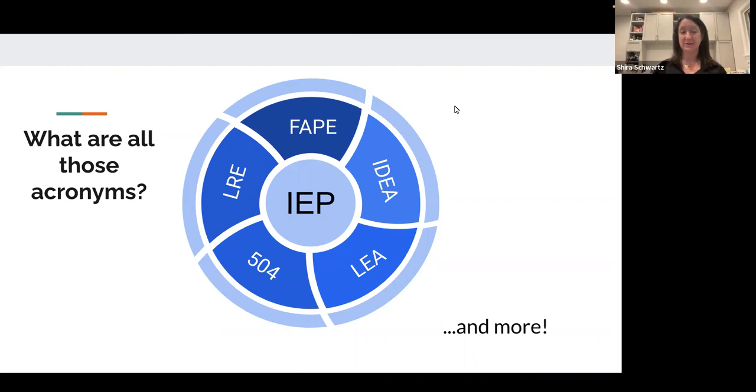And then the other one that comes up a lot is OHI, other health impairment. That would be something involving your health. It could be anxiety. I have one client that I'm working with that has seizure disorder that causes some issues.